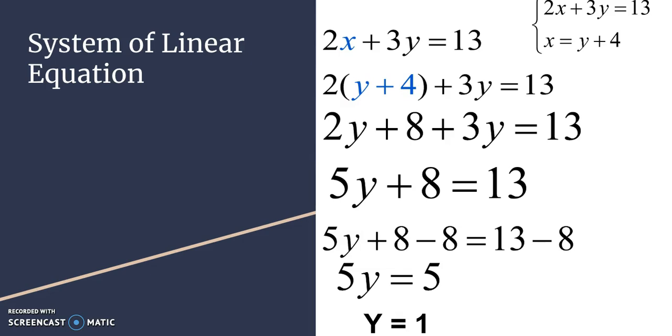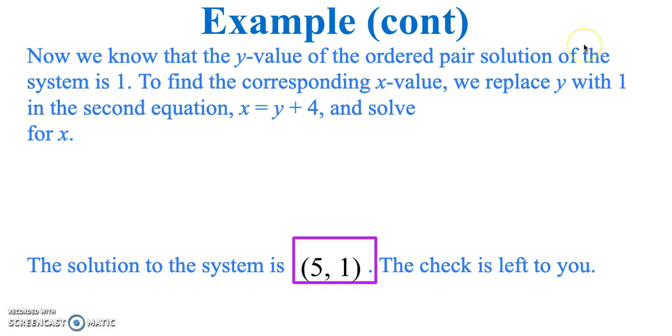In this case, I'm not done yet. Yes, I have 1, but I'm looking for an ordered pair. I'm looking for the point where both of these equations touch. So what is that point on that graph? So I have y equals 1, so all I do is I take this y, and I need to bring it back over here and plug it into either one. Because I already know y, my goal is to find x, so I'm going to plug in y and solve.